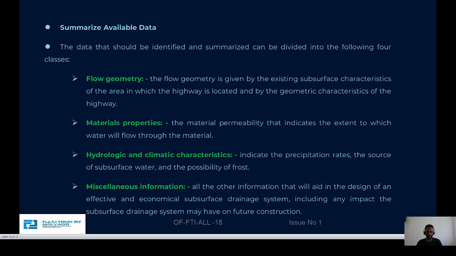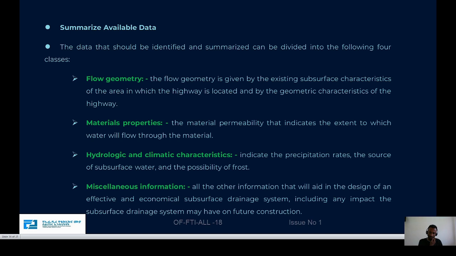Summarizing the available data, the first is the flow geometry. The flow geometry is given by the existing subsurface characteristics of the area, related to the highway location and sizes. The material property is also very important, as it is related to permeability.